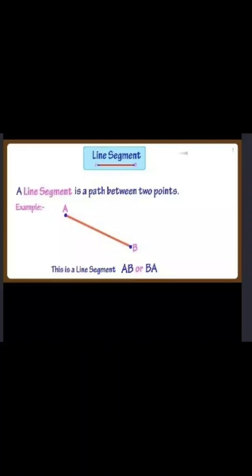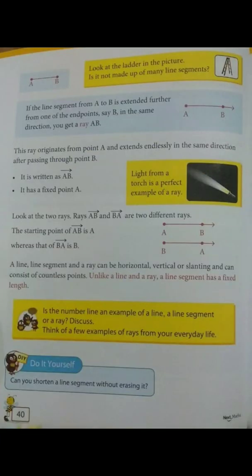The points A and B are called the endpoints of AB. So, in short, a line segment is a path between 2 points. Example, AB or BA. But is there anything that has only one endpoint?